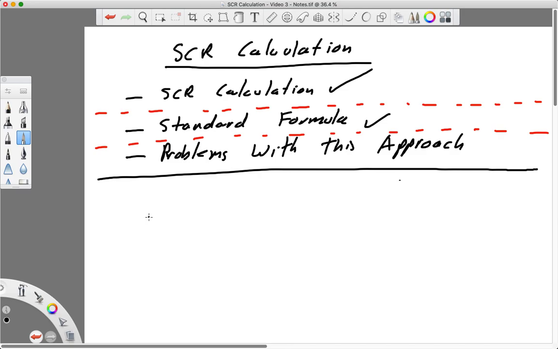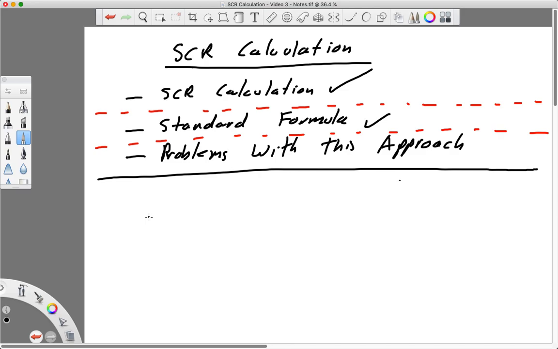You apply those numbers to a formula to give yourself a number for each of those different risks, and then you combine all those separate numbers together via a number of different correlation formulae that eventually all come together and give you a single final number for your SCR.